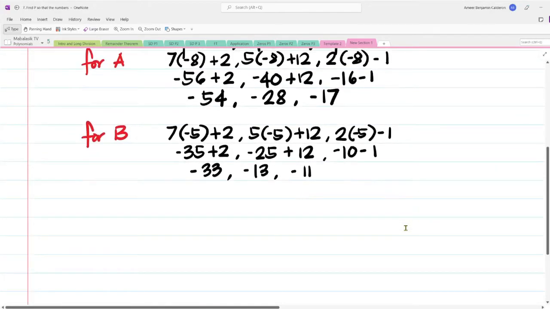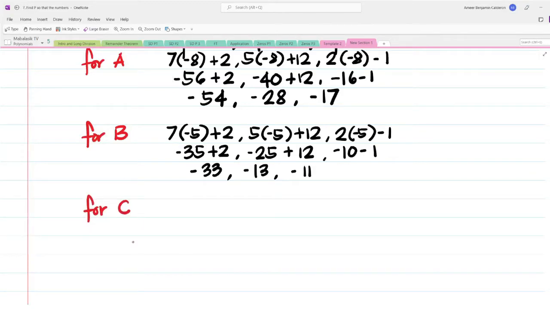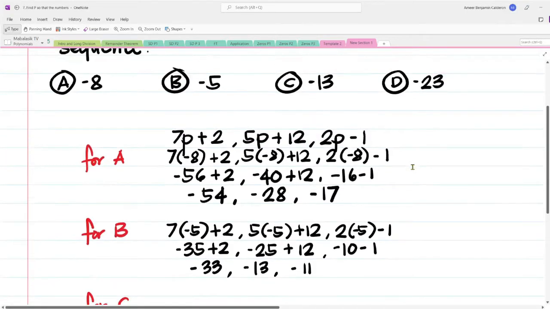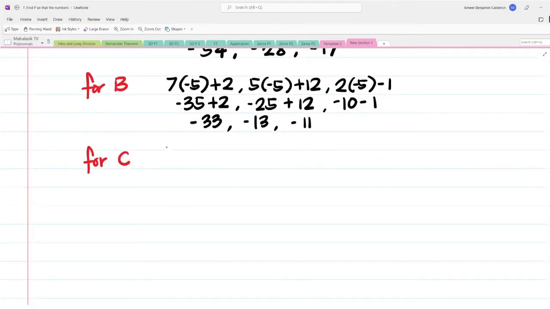So let us proceed for C. So we have C, that is negative 13. So that's 7 times negative 13 plus 2. 5 times negative 13 plus 12.